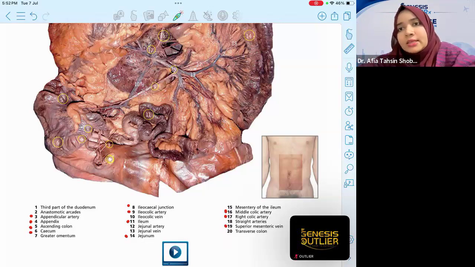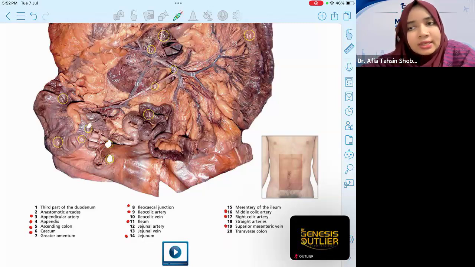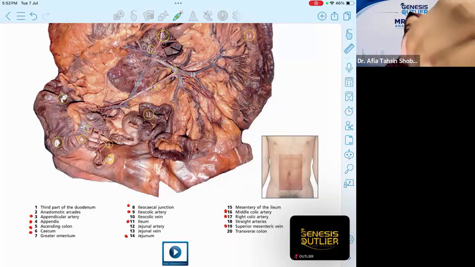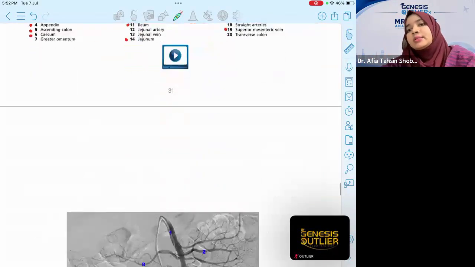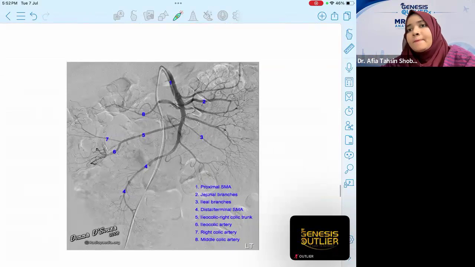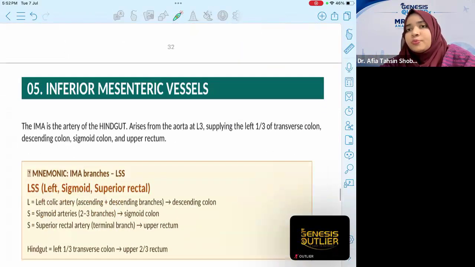This 4 is appendix, 3 is appendicular artery, 8 is ileocecal junction, 6 is cecum, and 5 is ascending colon. Don't worry, we will discuss it in detail when we study appendix in our next class. This is not so important.